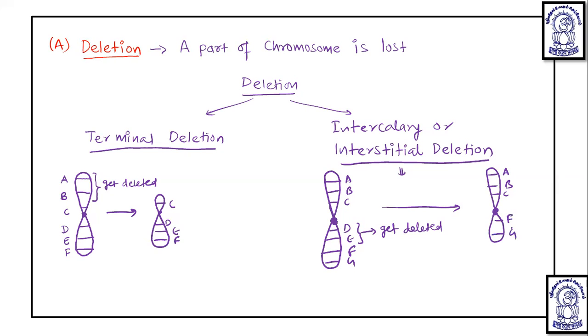So in a terminal deletion, only one cut is made, so a single break is produced in the chromosome, whereas in intercalary or interstitial deletion a double break is produced in a chromosome.